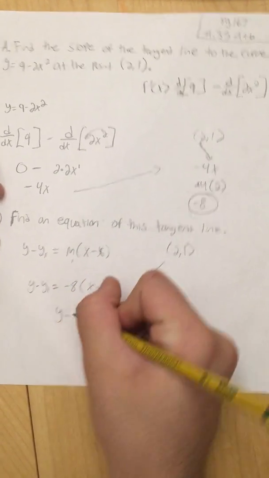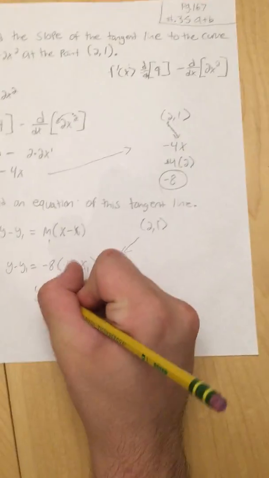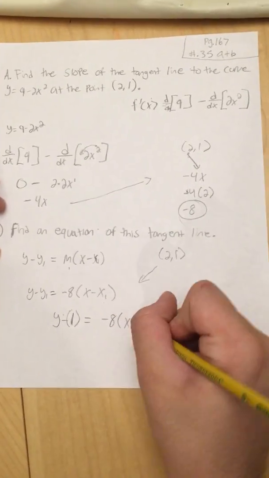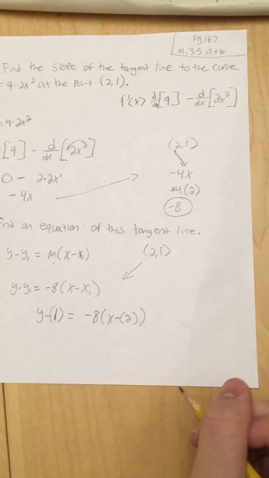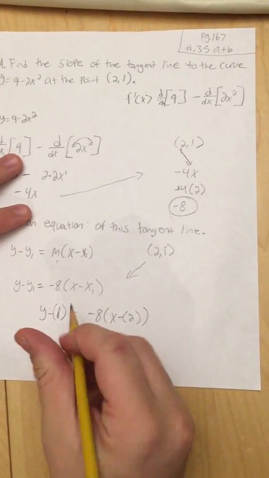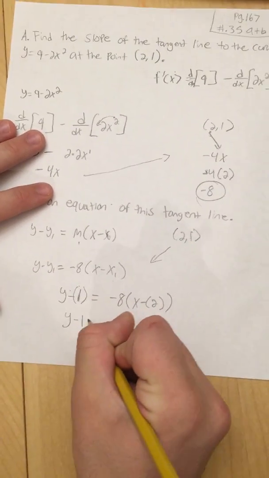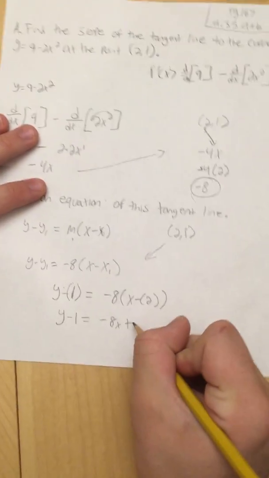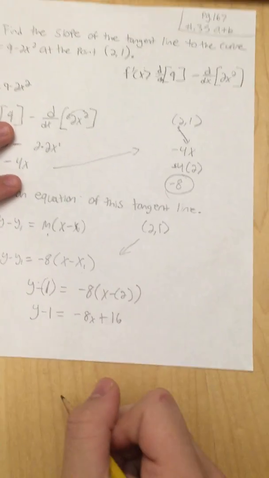So y minus 1 equals negative 8 times (x minus 2). Now, simplify it out. y minus 1 equals negative 8x plus 16.